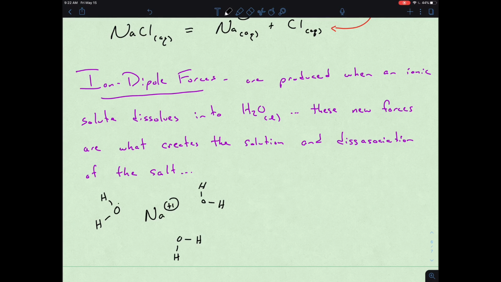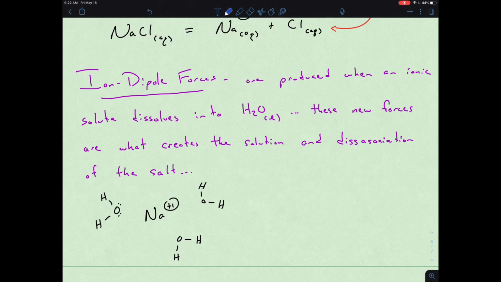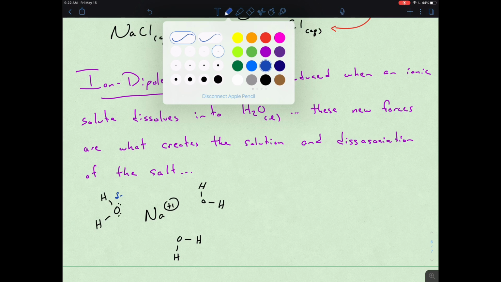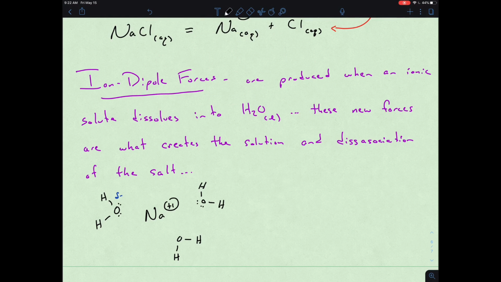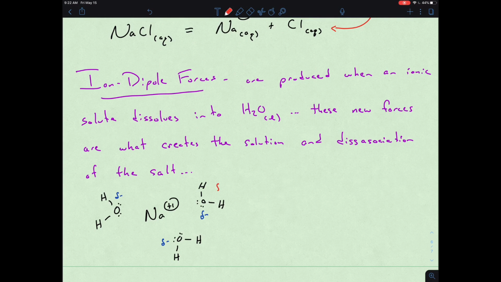We know that because the salt disappears by visual eyesight. And if we look at our name as far as ion dipole, we know that the water molecule has a dipole, with the oxygen being more delta minus, and then on the other side, the hydrogens being delta plus.